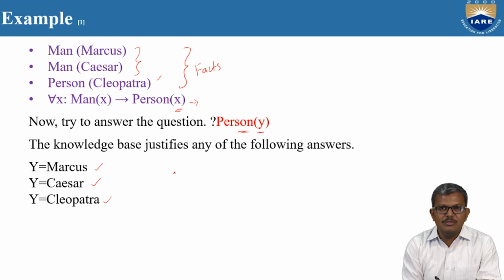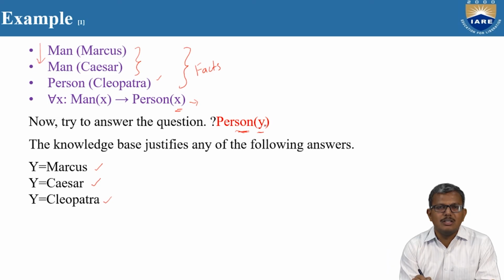How? For example, if it is declarative knowledge, it is going to come from top to bottom. So whichever appears first is going to be the answer to this question when using declarative representation. You are asking about person of Y. If you start from the topmost, this one is man, not matching.